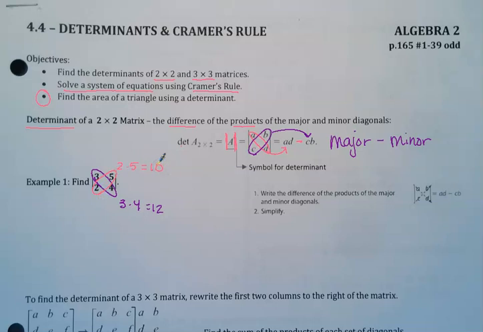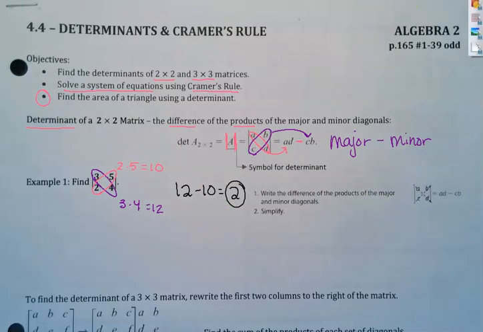Then I find the difference between these. I have to do 12 minus 10 because 12 was the major diagonal. So 12 minus 10 equals 2. The determinant here is 2. That is all there is to it for the determinant of a 2x2.